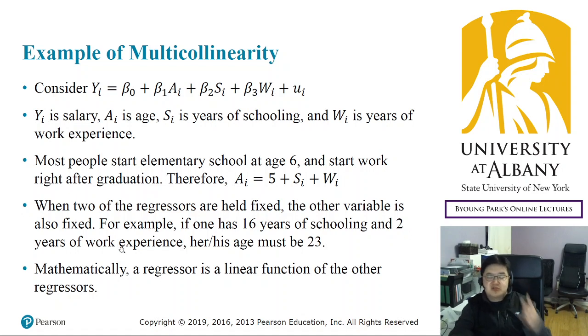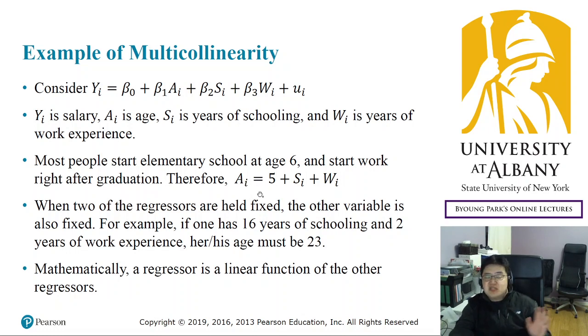Then from the data, his or her age must be 23. Maybe more than 90% of observations will be 23. So even if this relationship is not perfect, if it is nearly perfect, still that's a problem.